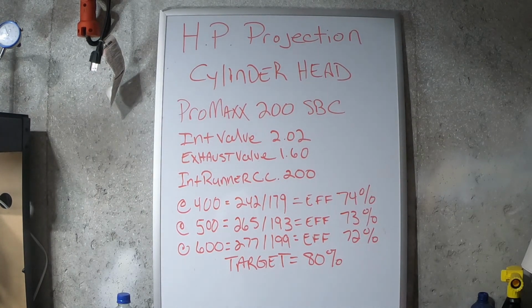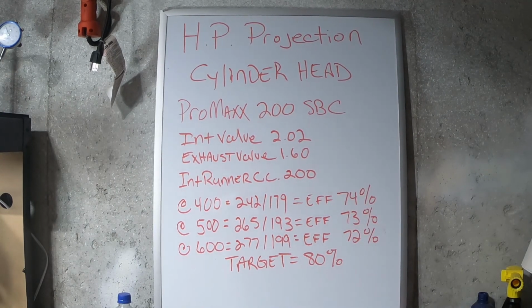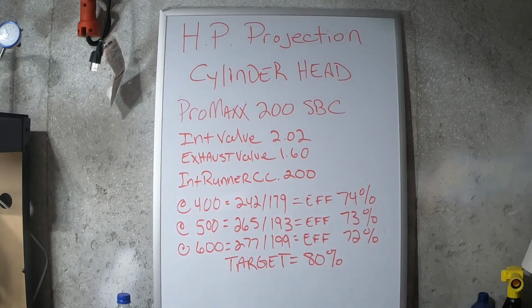They have an intake valve of 2.02 and an exhaust valve of 1.60, and they have an intake runner CC of 200, which is a little bit over average. Average would be about 185, 190. I think the stock Chevys, the Vortec heads were like 185 cc intake runners, and then you can get like 220, 230 on a high end. The 200 makes sense for the engine that I'm putting together.